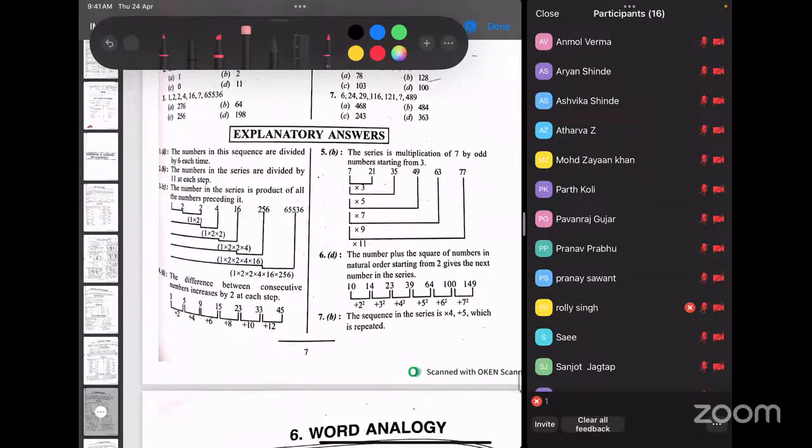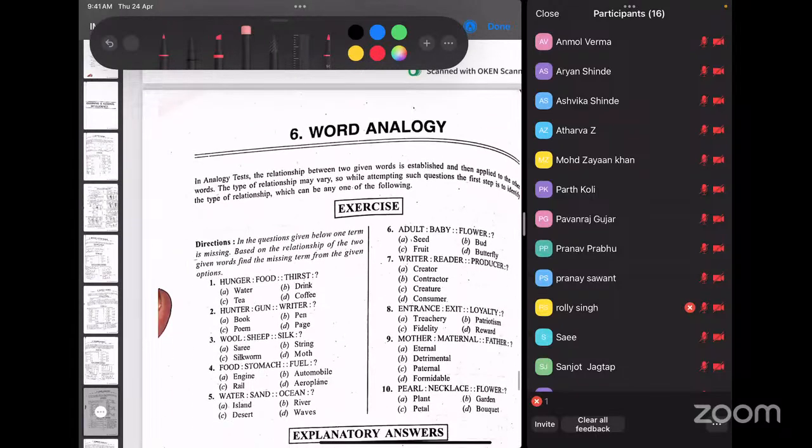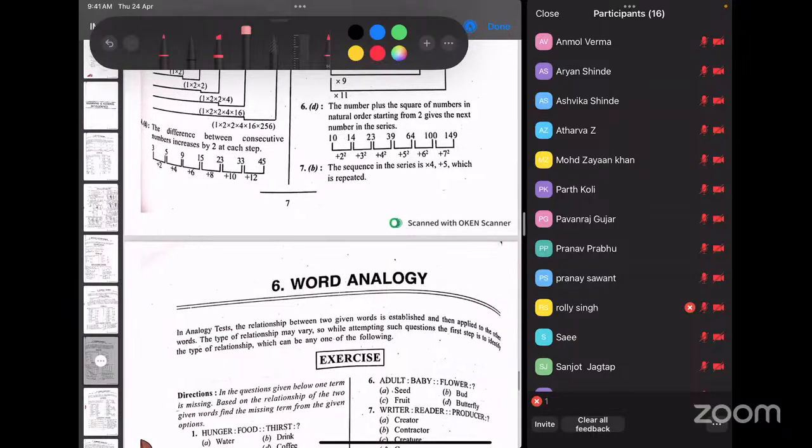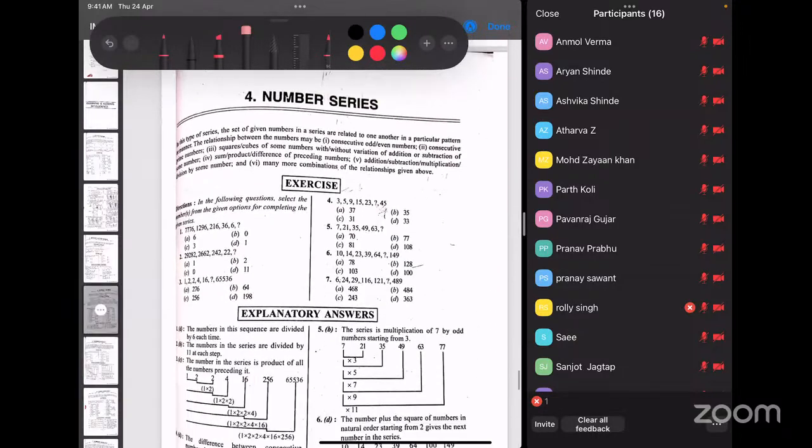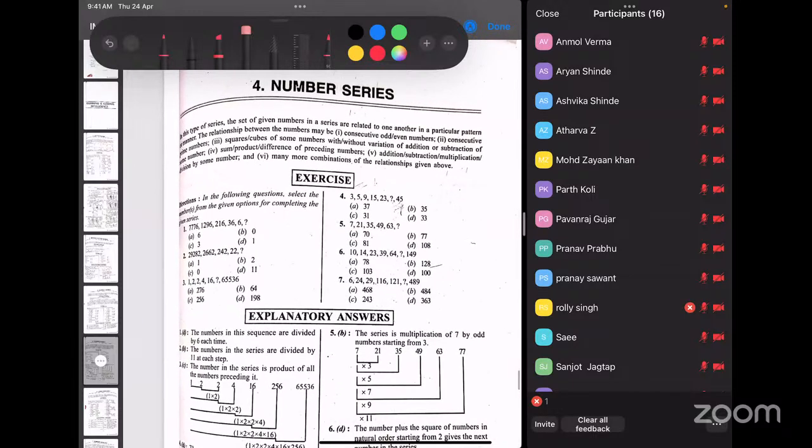Number series, word analogy. What is the concept of number series? In this series, certain numbers are given to us and we have to look at what the logical reasoning is between these numbers. It may be anything.